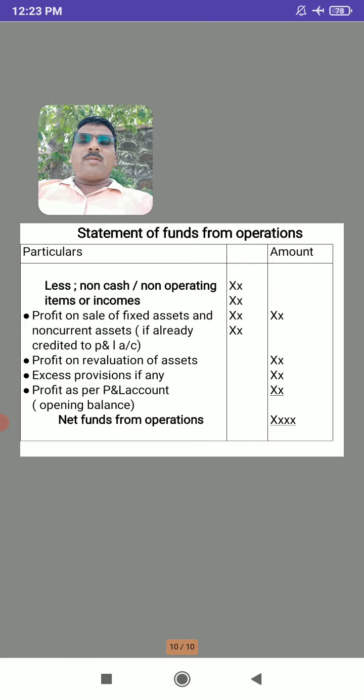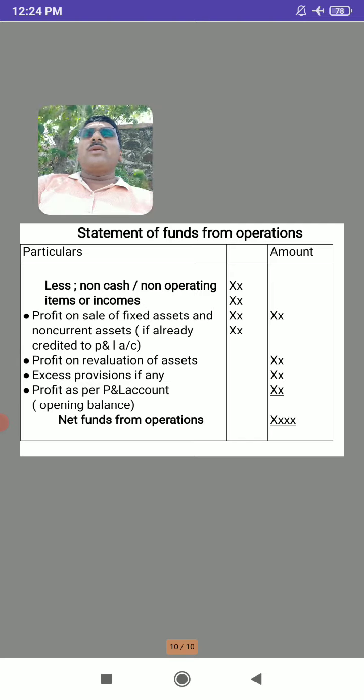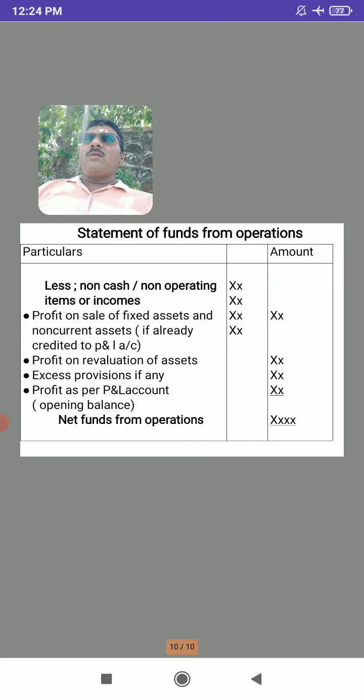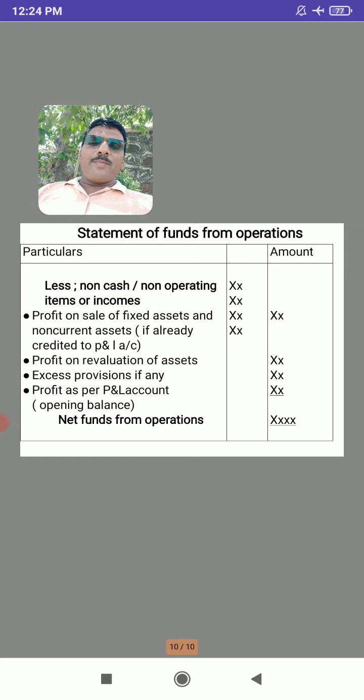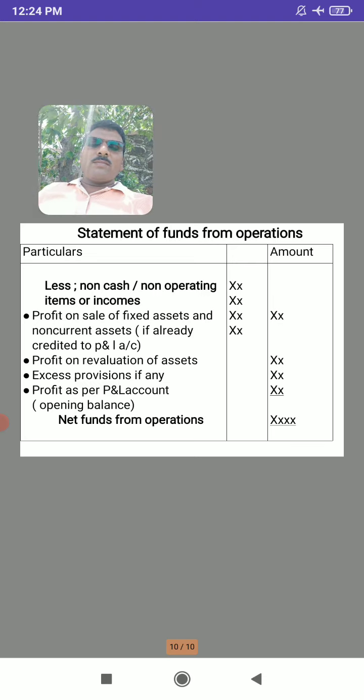This statement is prepared by considering the net profit, the closing balance as per the P&L account, and for that we have to add all the non-operating expenses. Then we have to total it. From that total we have to deduct the non-operating incomes and the opening balance of P&L account, which will be given in the problem, and by deducting from the total we finally get net funds from operations.